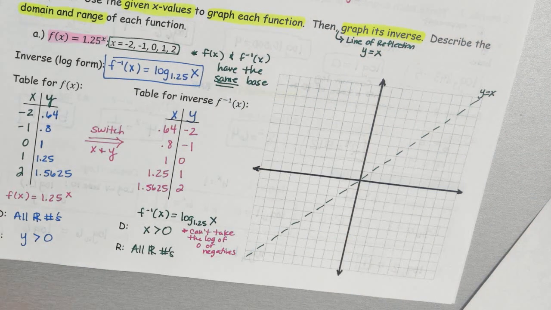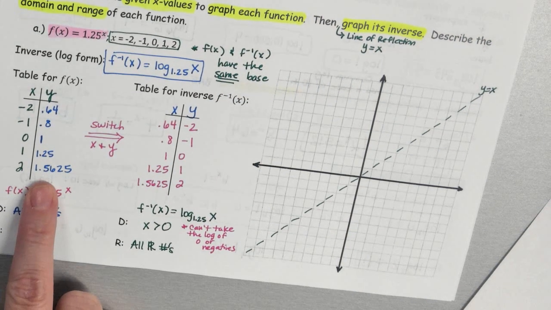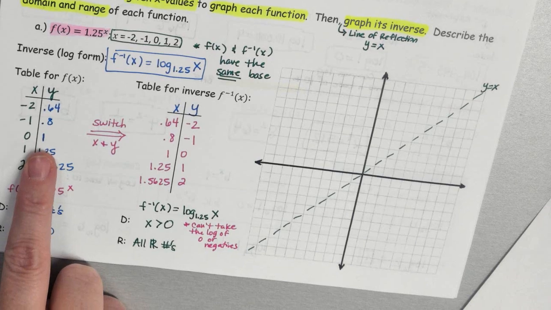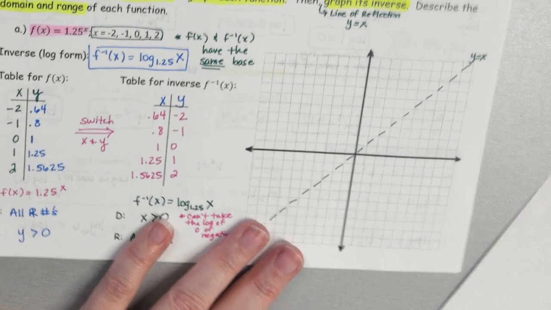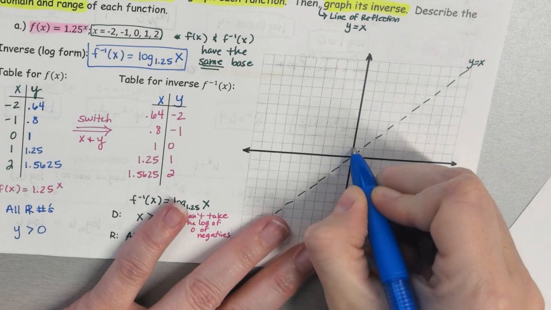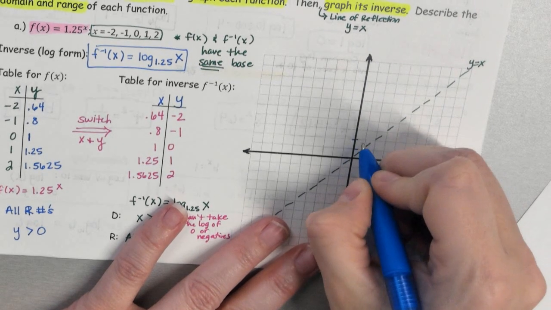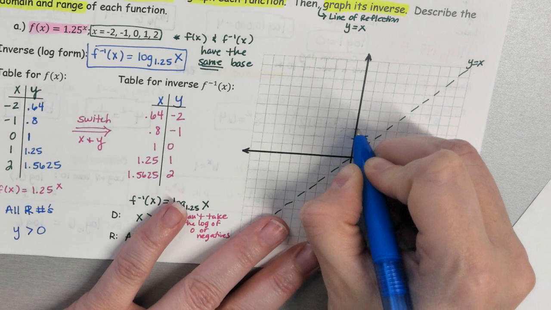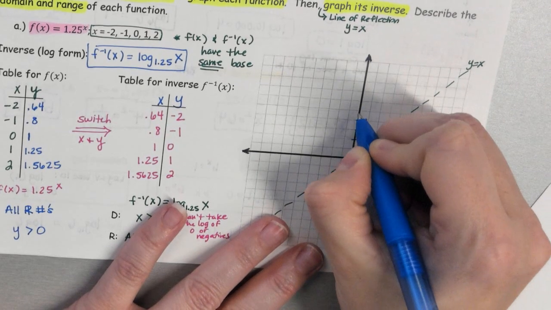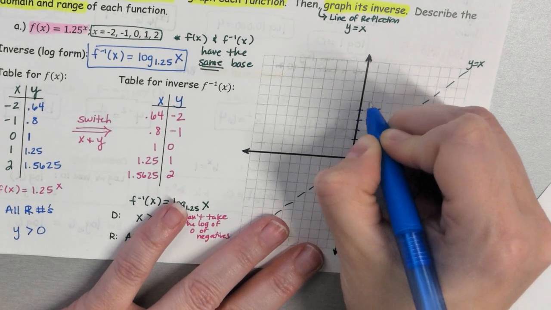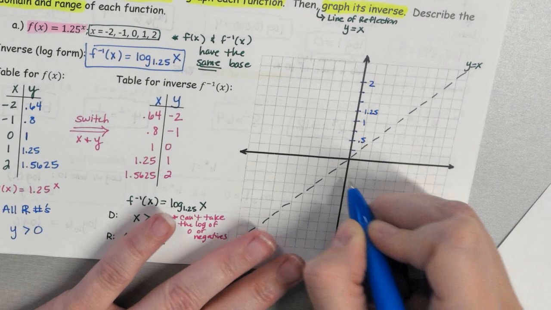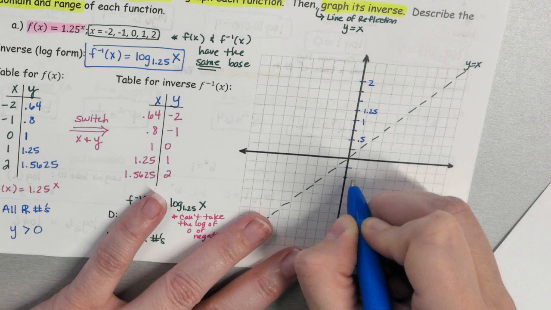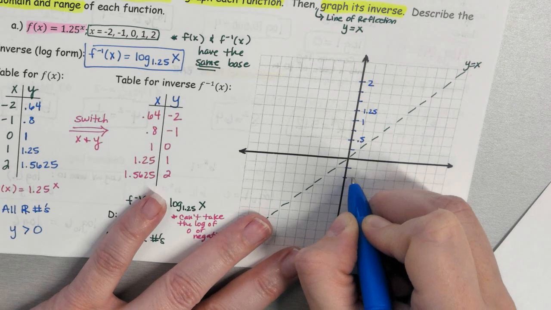Because I have like 1.25, this is close to 1.5, the 1, I'm going to make my scale go by quarters, so 0.25. So this would be 0.25, this is 0.5, 0.75, 1. This would be 1.25, 1.5, 1.75, 2. Because again, I want to make this easy on myself to graph.